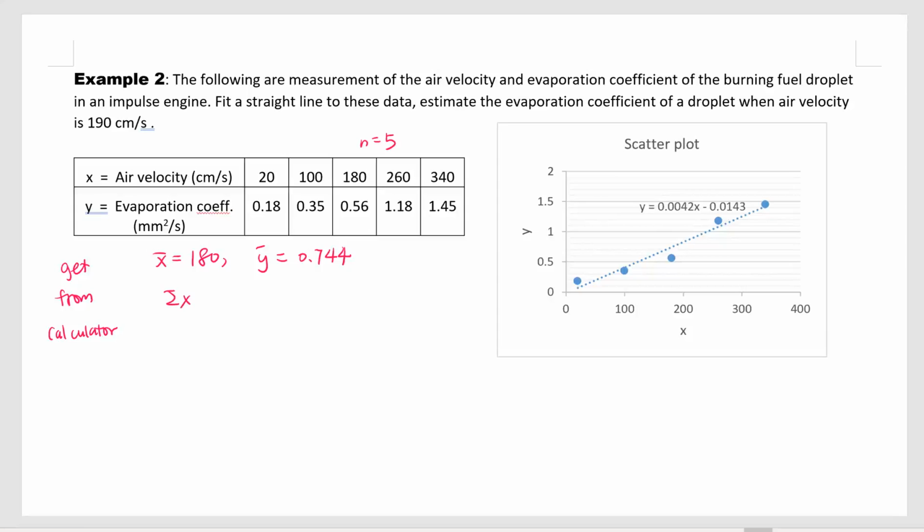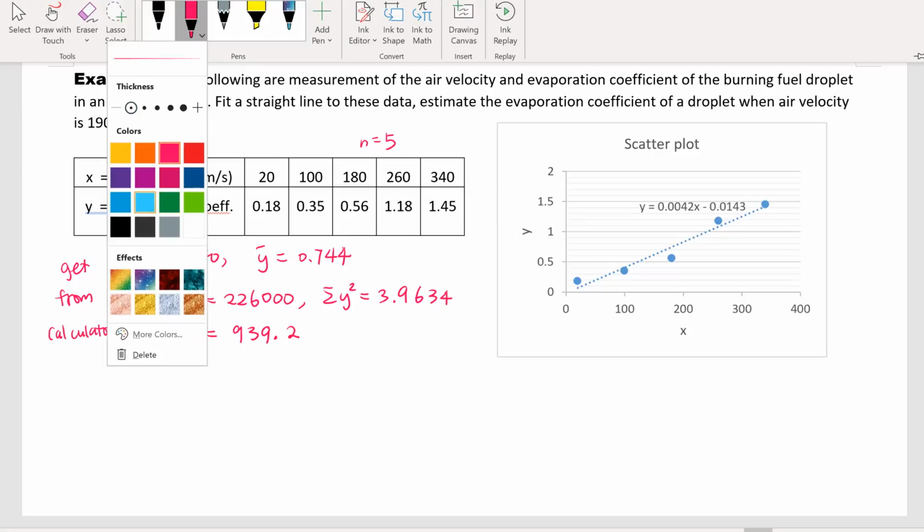Sum of X squared is 226,000. Sum of Y squared is 3.9634. Sum of XY is 939.2. Okay, and then show our work in the exam.